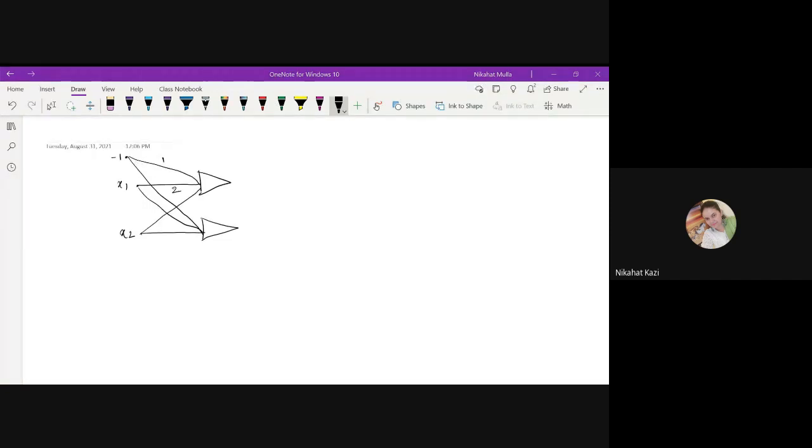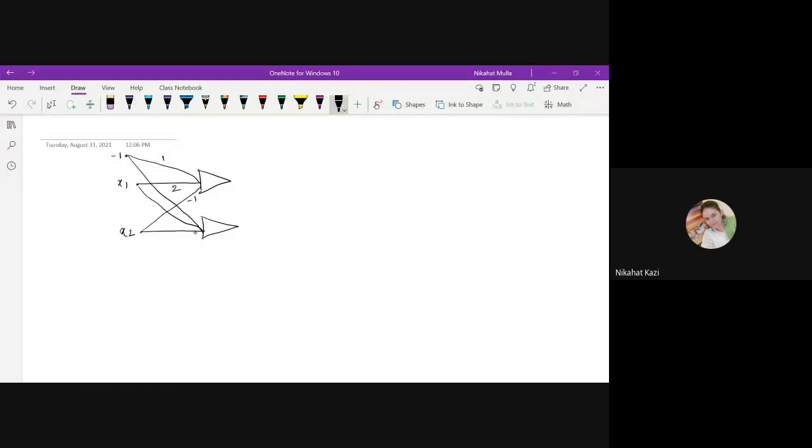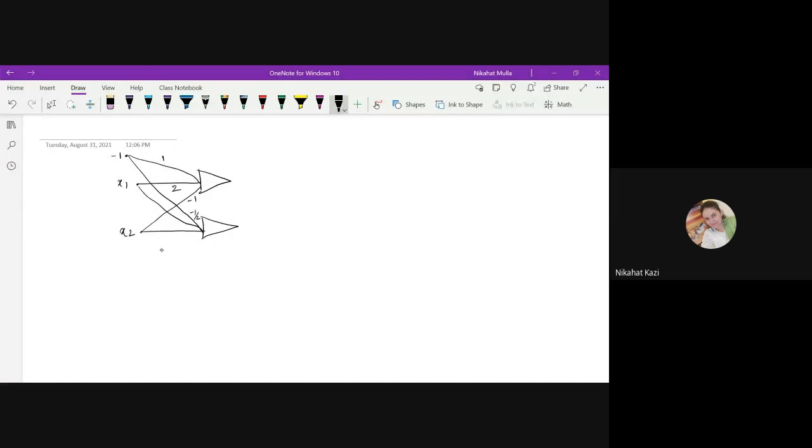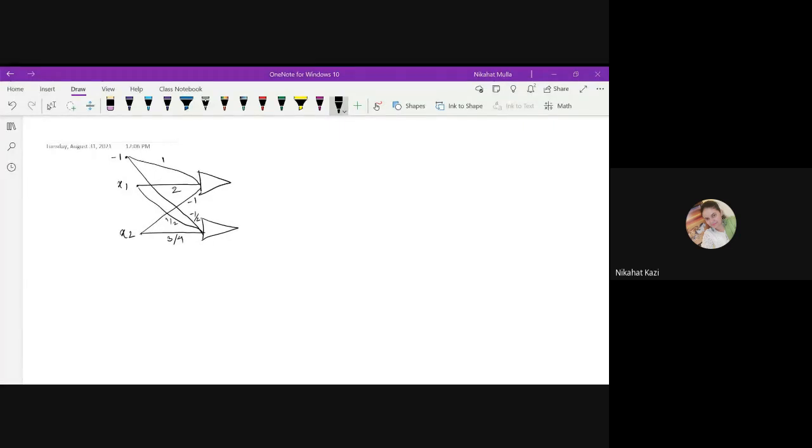Right? So some weights are given. These are the weights which are given.